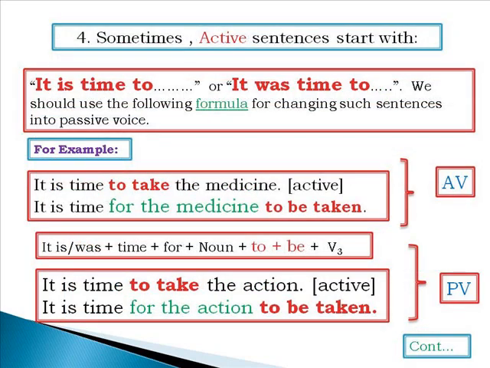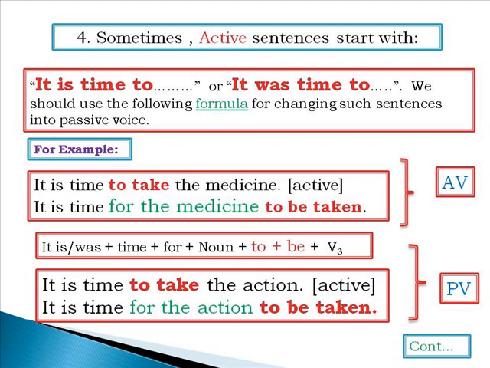And the fourth point is, sometimes active sentences start with "it is time to" or "it was time to." We should use the following formula for changing such sentences into passive voice. For example, "It is time to take the medicine." That's the active voice. And the passive voice for that would be, "It is time for the medicine to be taken." So look at the formula there.